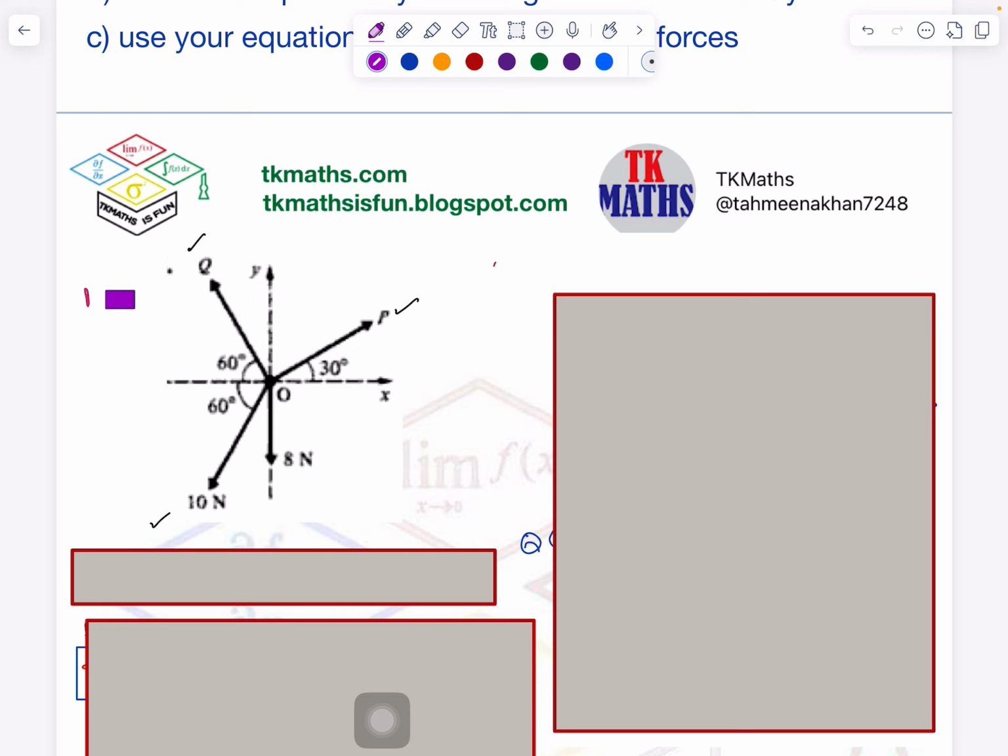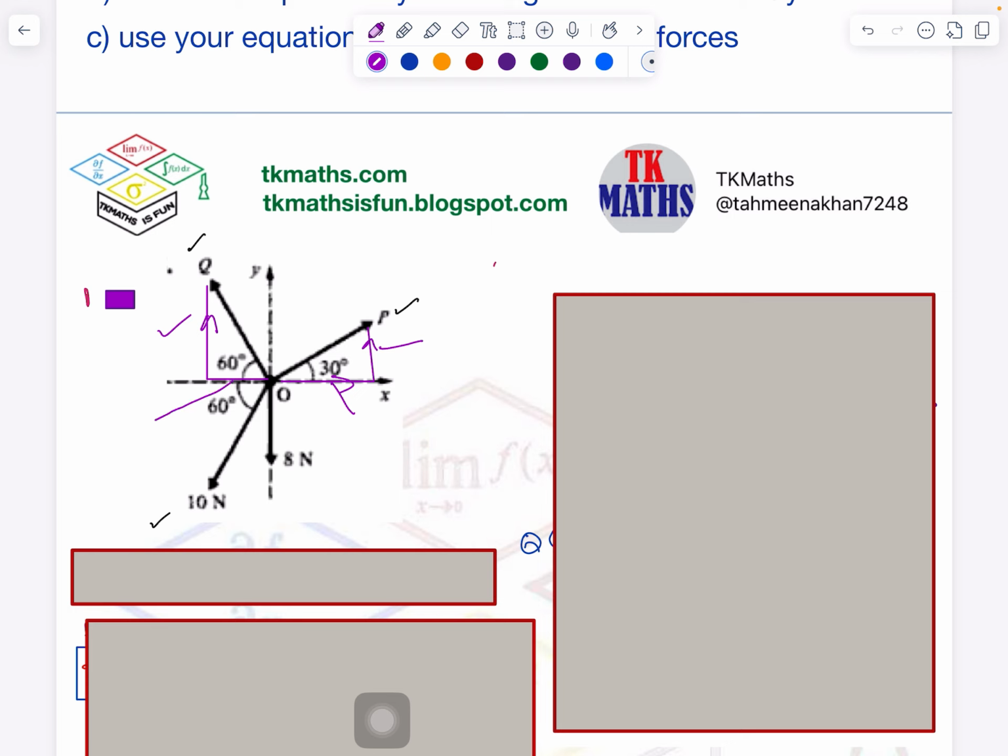So I will show you in the diagram here, but this P force, if I resolve it, it will be like this, right? This will be your P sine 30. This is P cos 30. Similarly, if you resolve Q along OX and along OY, this one will be your Q sine 60.